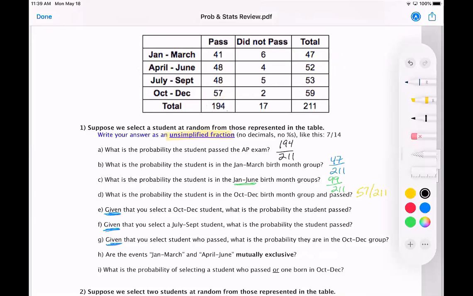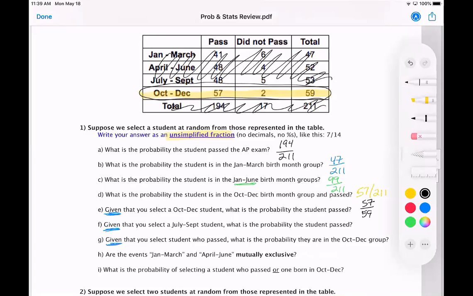Given that you select an October-December student, we're going to ignore all the other students who are not October to December, and look at just this grouping. Given that they're October-December, there are 59 of them, what is the probability they passed? That would be 57 out of the 59.